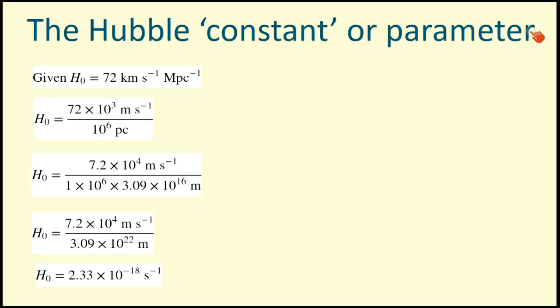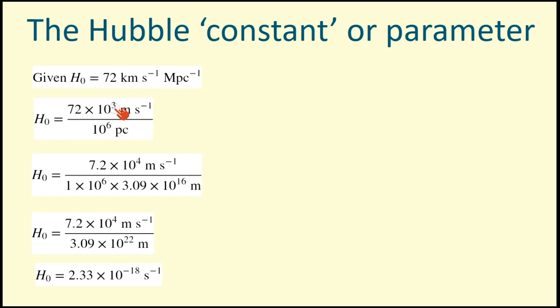Okay, now we're going to use the Hubble constant and see what we get out of it. So we're given that H naught equals 72 kilometers per second per megaparsec. Changing the units very carefully, we have 72 times 10 to the 3 meters per second per megaparsec, parsec goes on the bottom, mega is 10 to the 6.